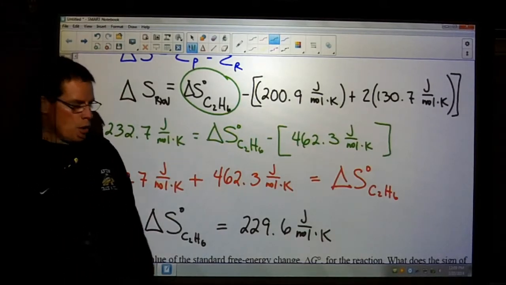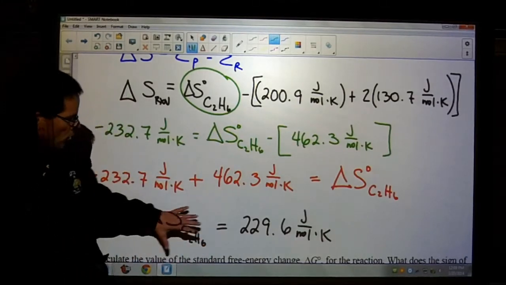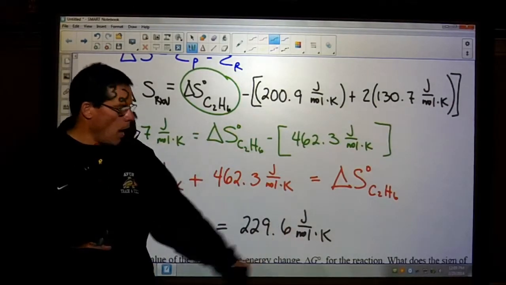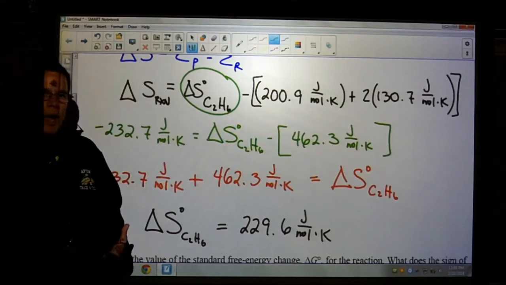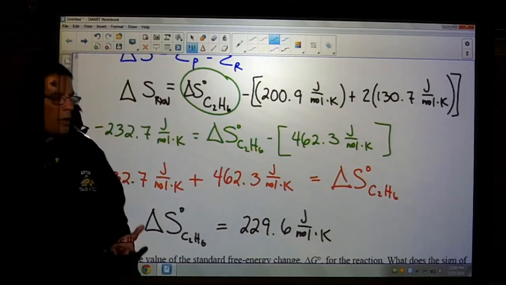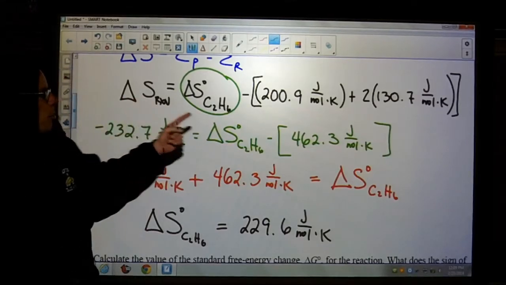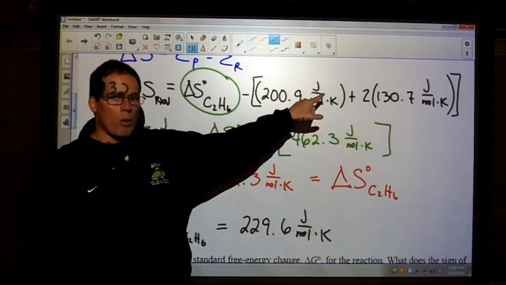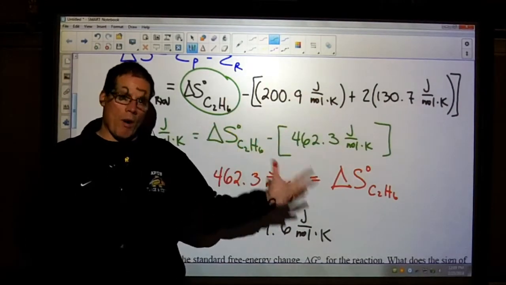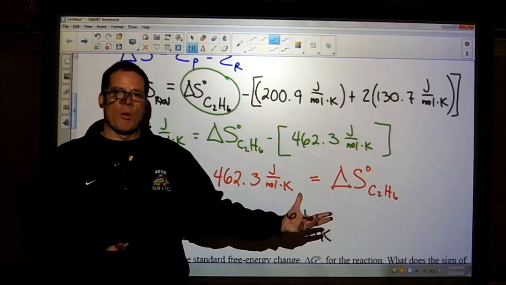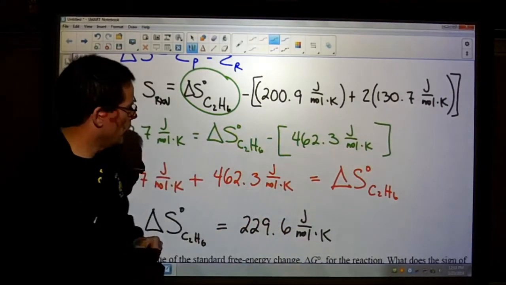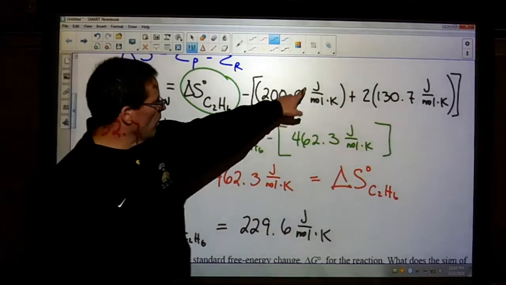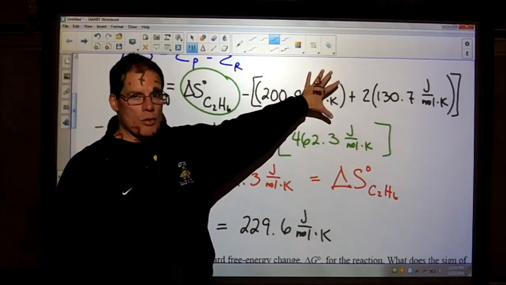Now, be sure that you are showing your units, especially in your final answer, and be aware that generally speaking, when we look at delta S, or the entropy, it is in joules over mole Kelvin, because of where it arrives in the equation where delta G is equal to delta H minus T delta S. So we have a little bit different unit, and it is in joules.